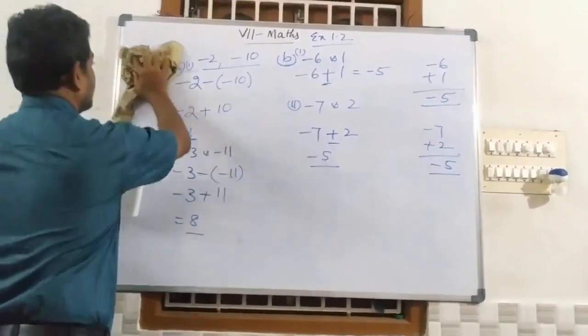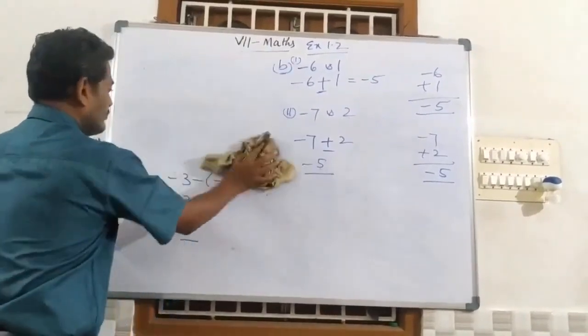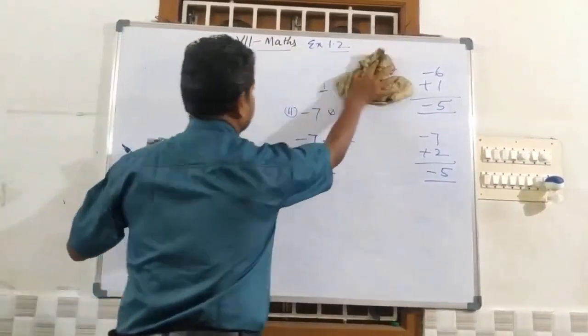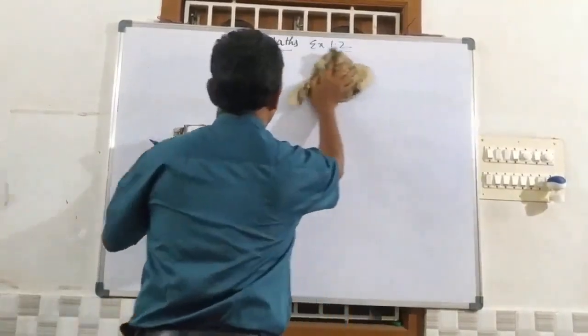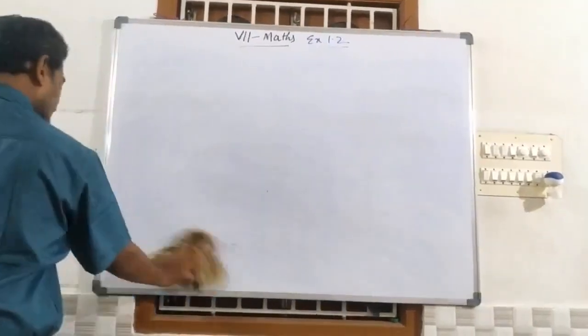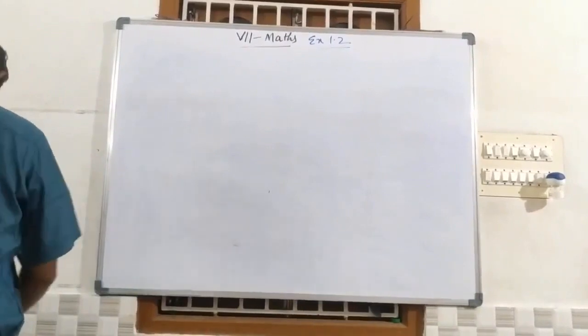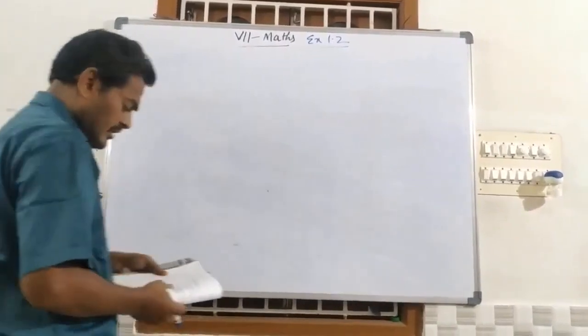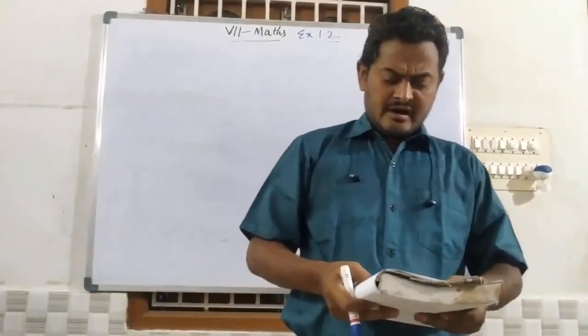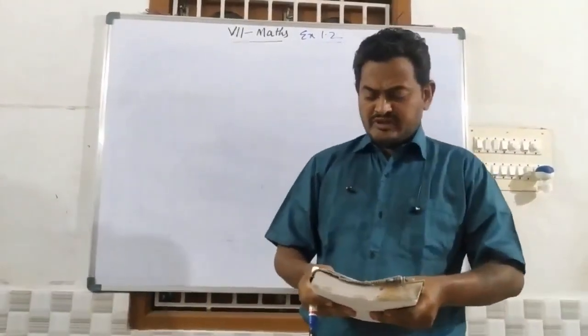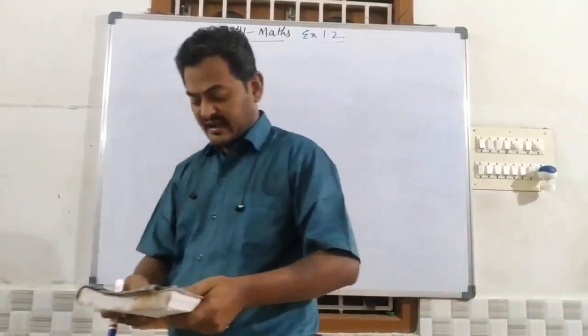Now, if we go to the third sum, in this third question, what are they asking? Write a negative integer and a positive integer whose difference is minus 3.